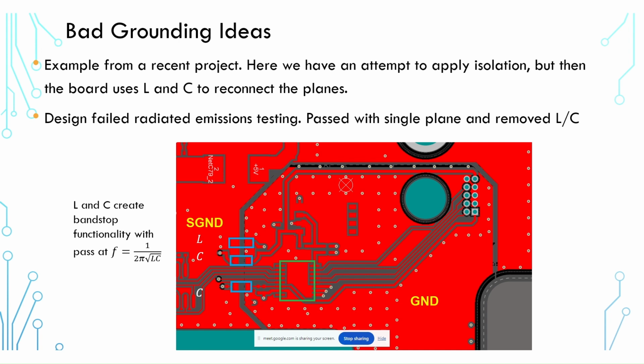So here is an example of bad grounding implemented in practice. This is an example from a project, and here the original designer basically attempted to apply some isolation for the component in this board.